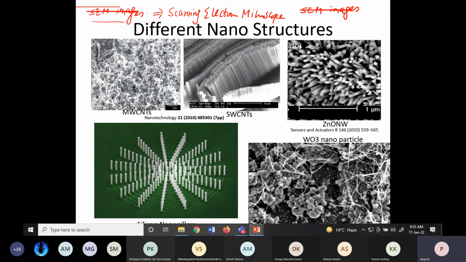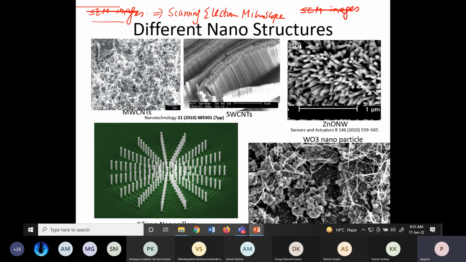But here the nanostructure is much tinier than that. So you can't use an optical microscope to see nanostructures. You need an electron microscope. One of the electron microscopes is the scanning electron microscope. As the name suggests, here you use electrons to scan the surface of your nanostructure, and then you can get an image.